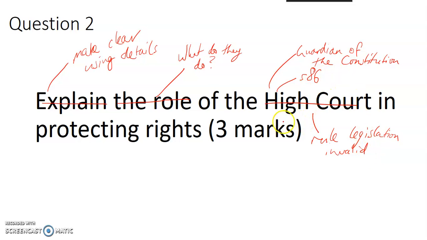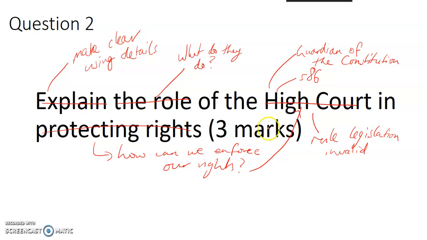So there's a few things I know that it does in protecting rights. So how can we enforce our rights using the High Court? It's 3 marks, so I know 2 things. I've got 4.5 minutes, and I also want to have at least 3 points of detail.